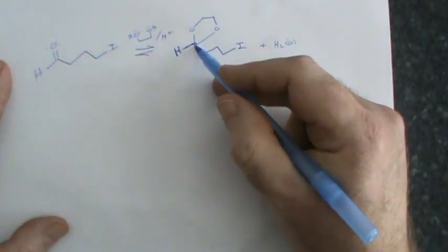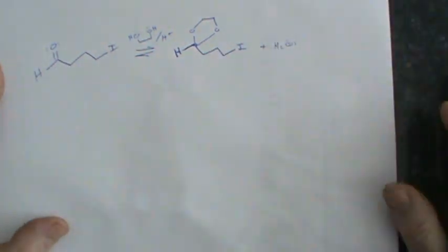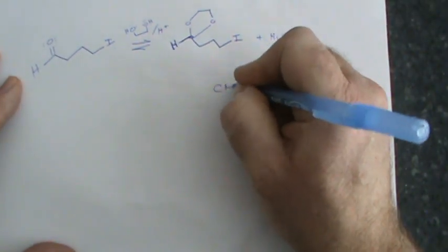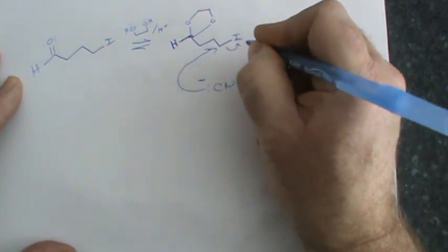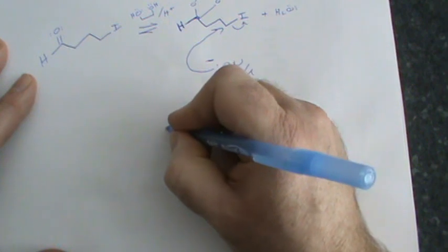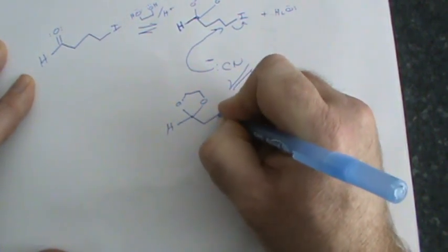There it is. Now that I've got the cyclic acetal, that's no longer a carbonyl carbon, and it's not going to be reactive with cyanide anion. So now I can bring in a separate second step, the cyanide anion, and do the SN2 chemistry that I wanted to do right at the carbon atom where I wanted it to take place.